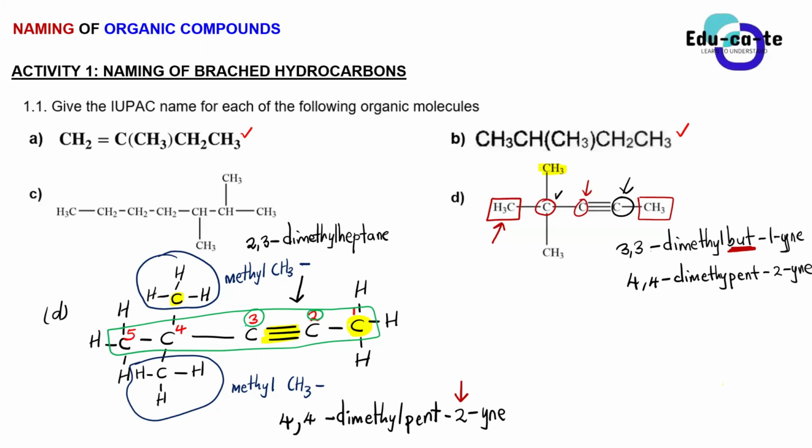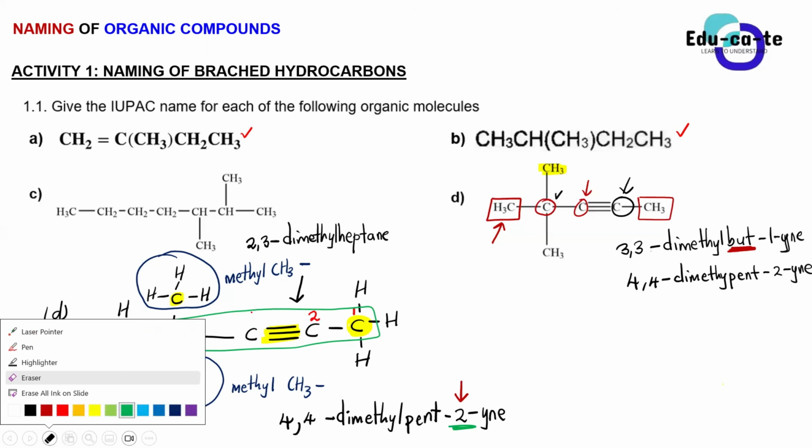But which number are you going to write here? You're going to write the smallest number that contains that triple bond. You don't write both the 3 and the 2, because we understand that a triple bond exists between 2 carbons. But when it comes to the naming part, when you want to indicate the position of your functional group, you indicate the carbon having the smaller number. So between the 3 and the 2, which have a triple bond between them, you only take the 2. That's the one that you're going to write. Are we clear, guys?